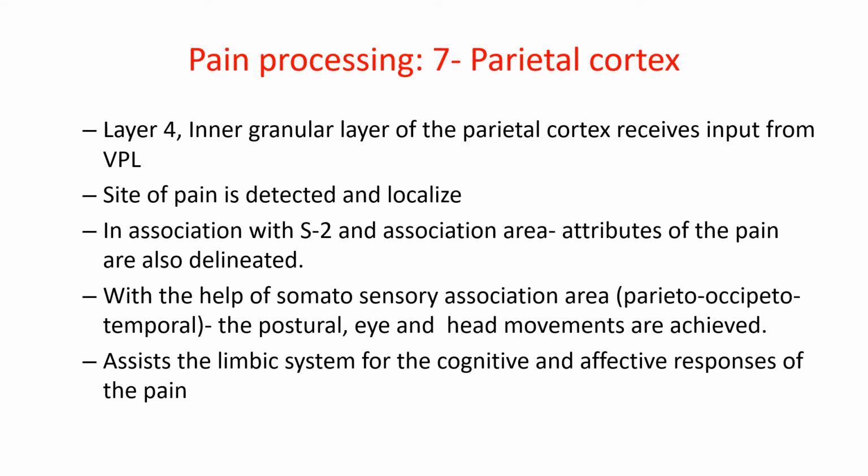Pain reaches the somatosensory area number 1. Here it is localized, and from this somatosensory area it will connect to S2, somatosensory area 2, and the association area, where attributes of the pain are detailed and delineated.